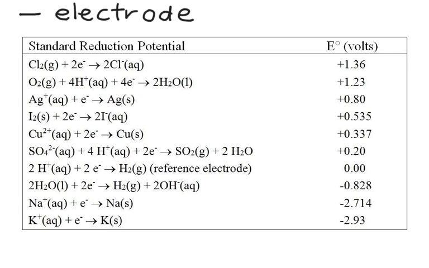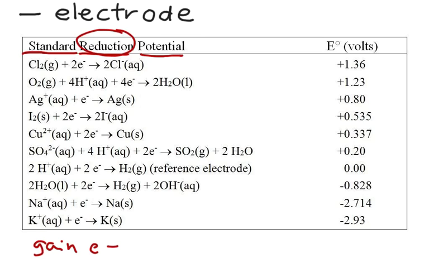A really useful chart is the standard reduction potential chart. It is a list of a lot of chemicals, and they're always reduced, which is why it's called the standard reduction potential chart. If they're reduced, that means they're going to gain electrons.